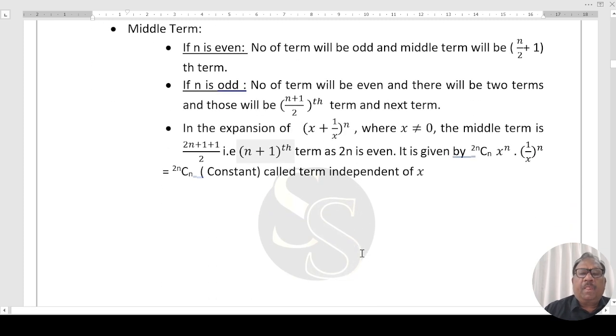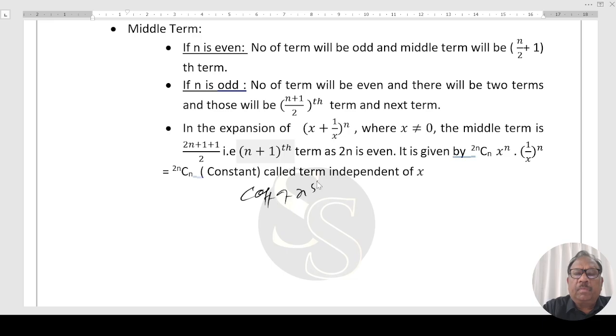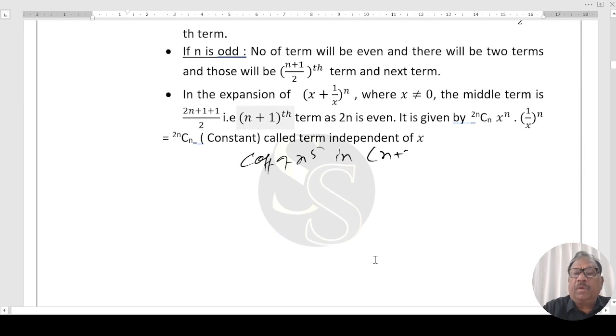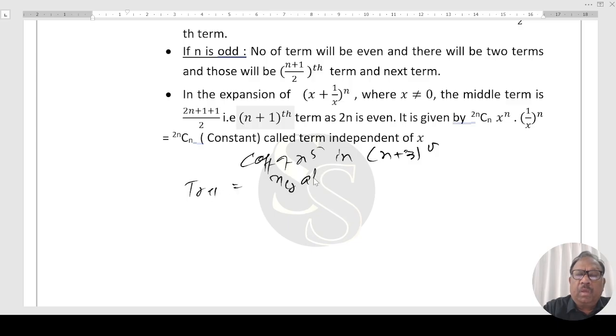In this case, the coefficient of x to the power 5 in (x + 3) to the power 8. T(r+1) equals nCr a to the power n minus r b to the power r. This is the general term.